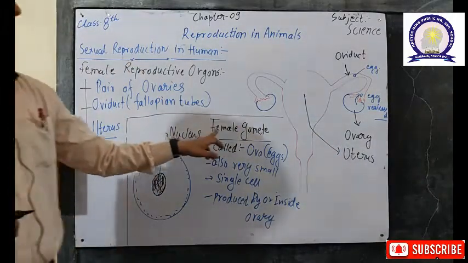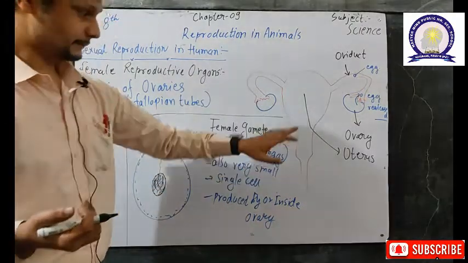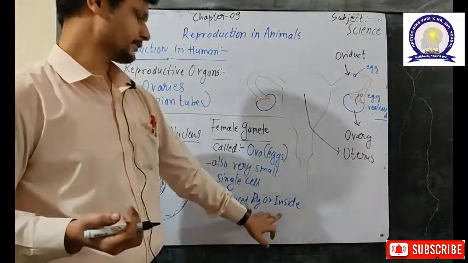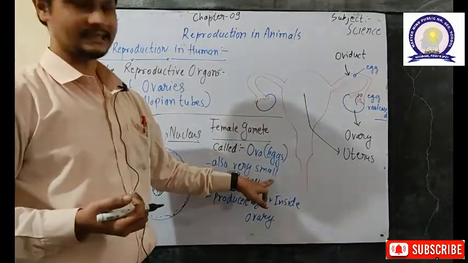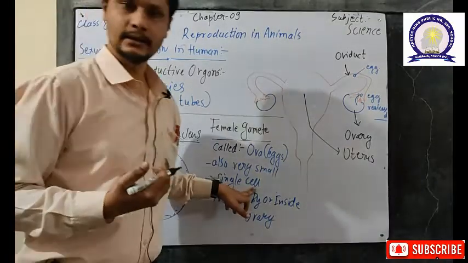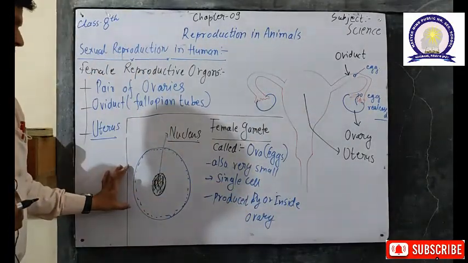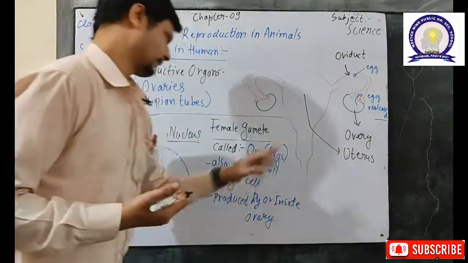The female gamete, called the ova or egg, is developed or produced inside the ovaries. It is also very small in size, and like the sperm, it is also a single cell. The normal human egg is laid down by the ovary.